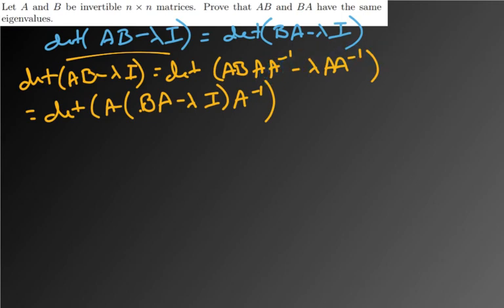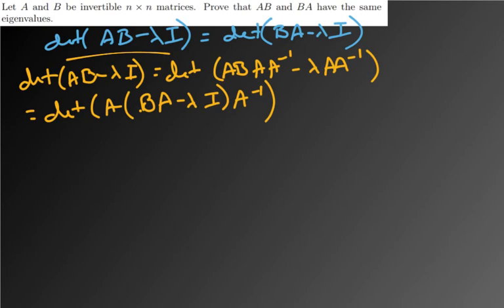And that would leave I here, because I took A out. I also commuted those, I guess. Then I took A inverse out, so that leaves me I. What I'm trying to do is get BA in the problem. That's the thing I want to show something about, this polynomial, so I need to create it in the problem.